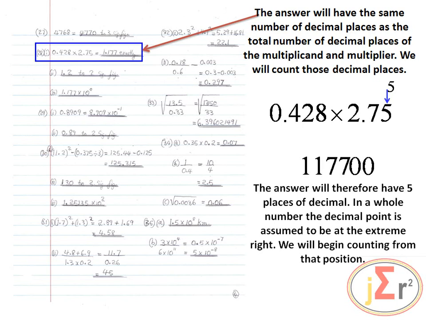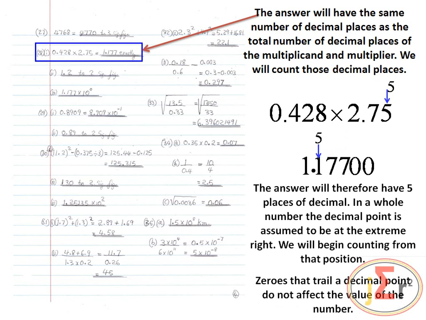And there is where we will begin counting our 5 places of decimal. 1, 2, 3, 4, 5. So that is what our answer will look like.